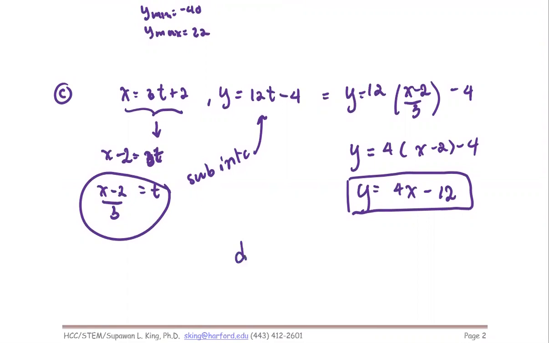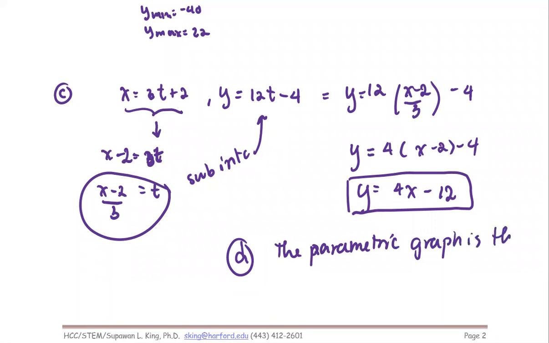So part D, we're going to describe the curve. So we have the parametric graph, which is a line. Actually, this is a line segment because it's starting from greater than negative 3 and then stops right before 3.